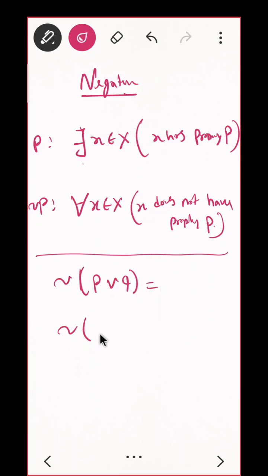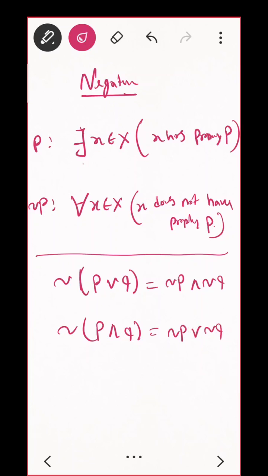What is the negation of P and Q? Can you tell me quickly? Okay, negation P and negation Q. What is the negation of this? Perfect. Correct? Good.